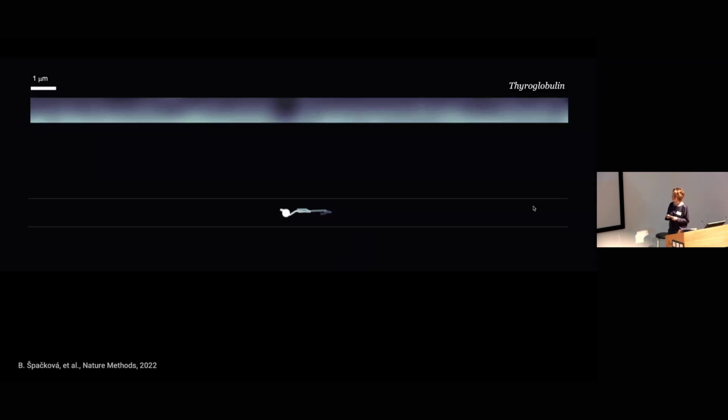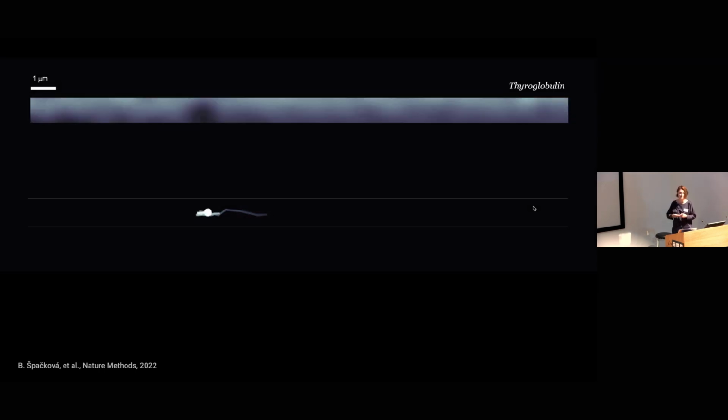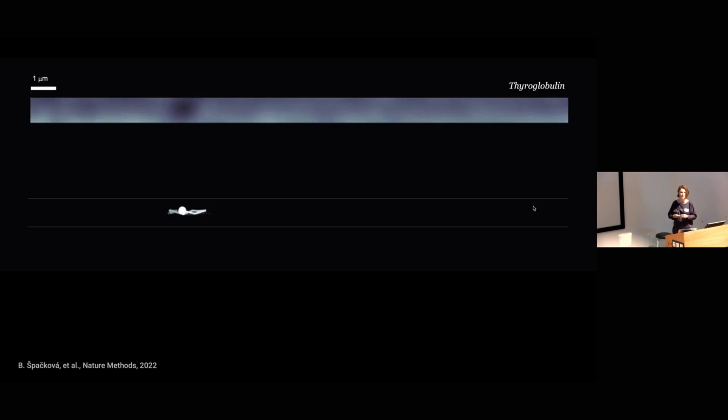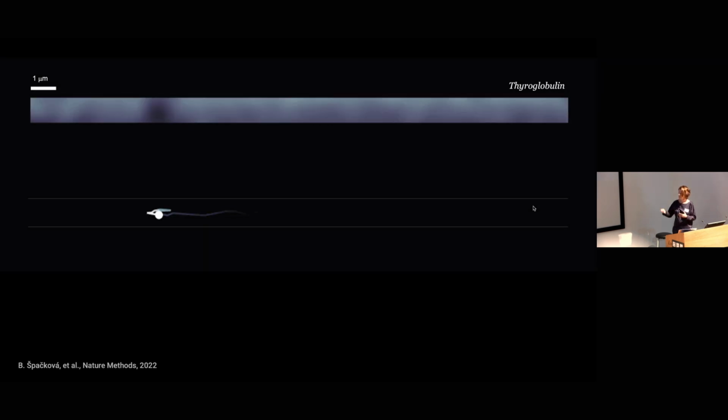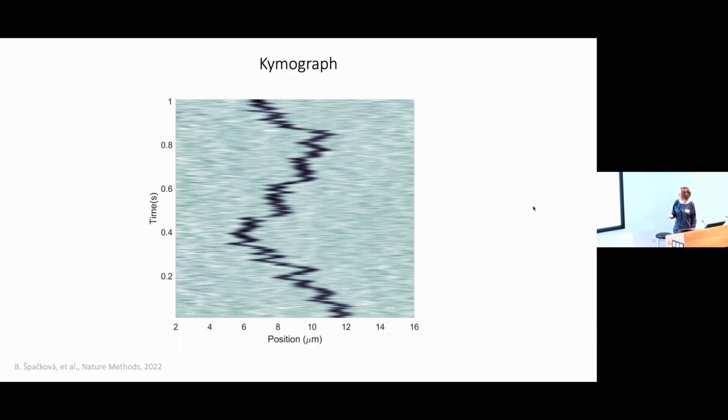But since the size of the cross-section of our nanofluidics is smaller than the wavelength of the light, the spot is actually much bigger than the nanofluidics. So this is another representation of the same video.